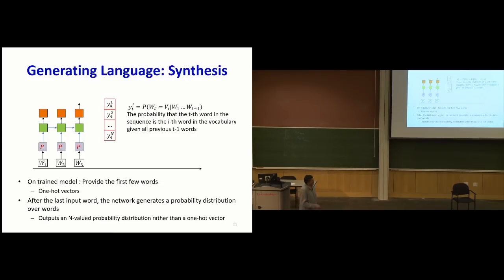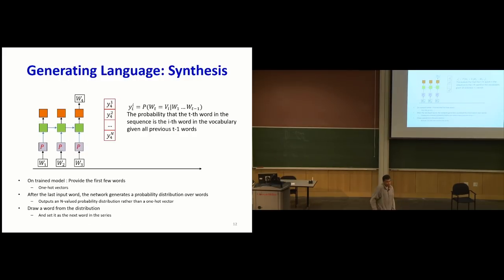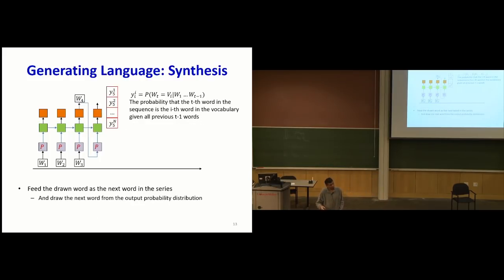So you say "four score and," and after it sees the word "and," it computes a probability distribution over the entire vocabulary at that time. From this distribution, you would select a word, most likely the most probable word. Then having selected it, you treat that word as if it was the word you actually saw. So the next word you would see is "four score and seven."